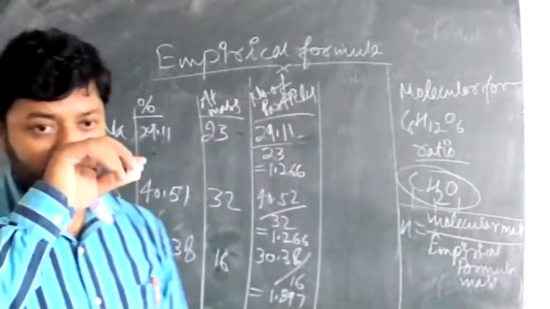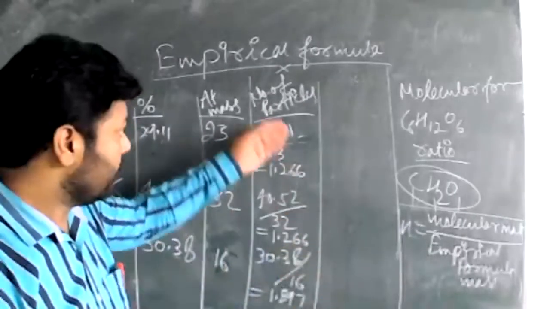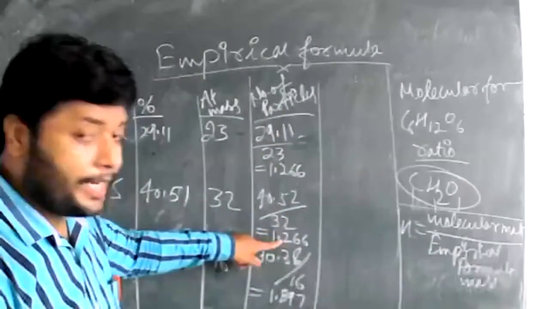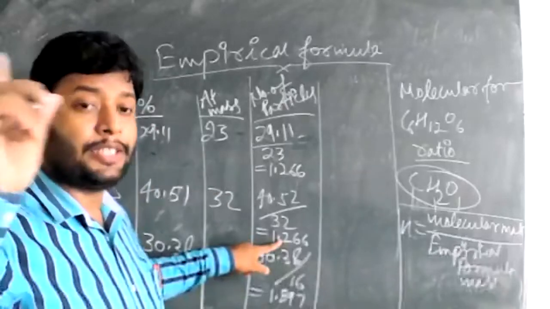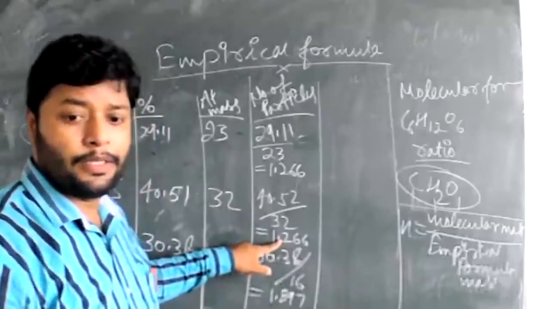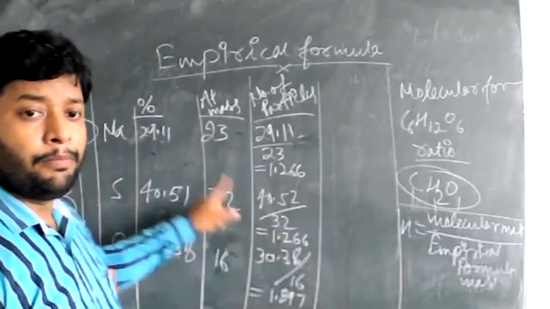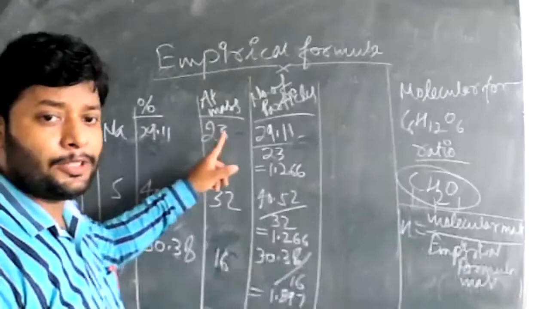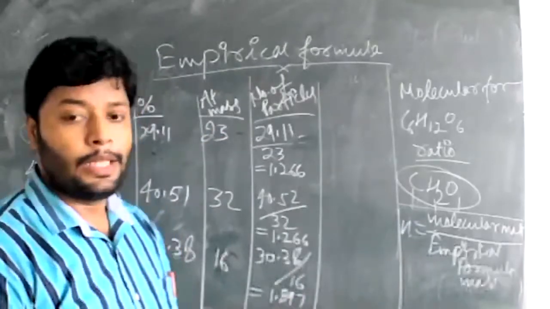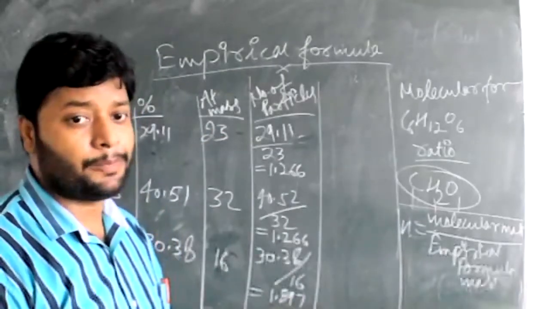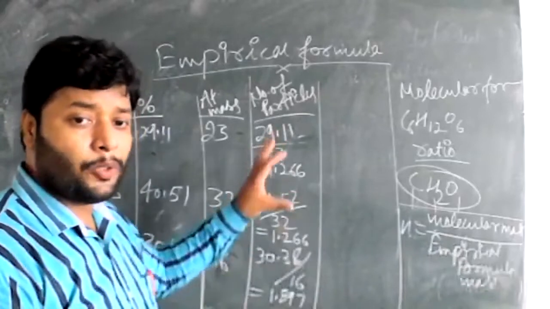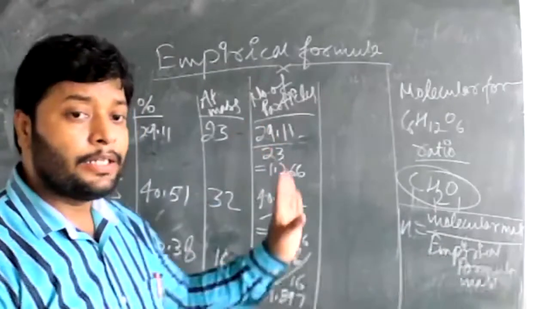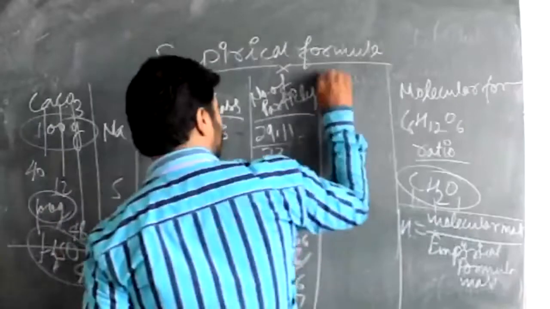Look carefully. This is called the number of particles in terms of percentage, which comes from the division of percentage by mass with atomic mass. Fine. Now we have to convert this value into the simplest ratio.